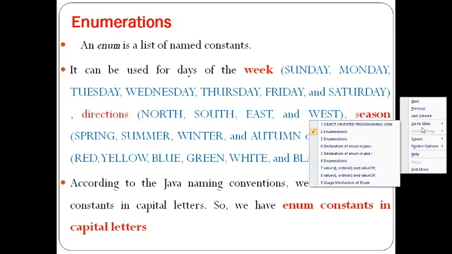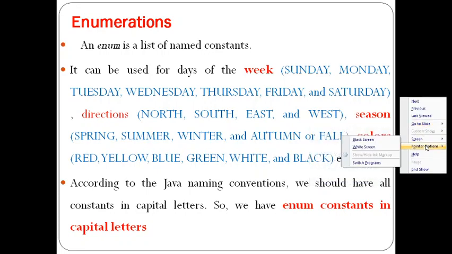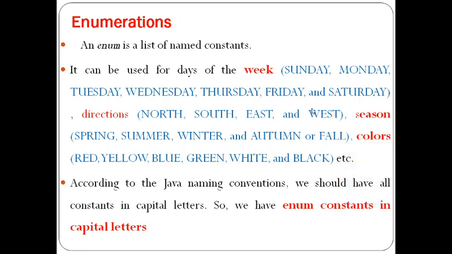So see here, what is meant by a list of constants. For example, we may have a set called week. It may contain different named constants like Sunday, Monday, Tuesday, and so on. So it is one set, and I can give the set name as week. After that, I may also have another named constant set called seasons: spring, summer, winter, autumn, fall.